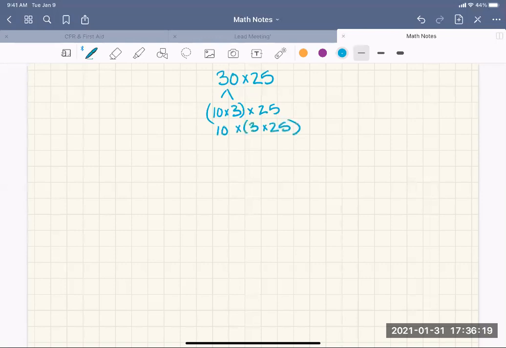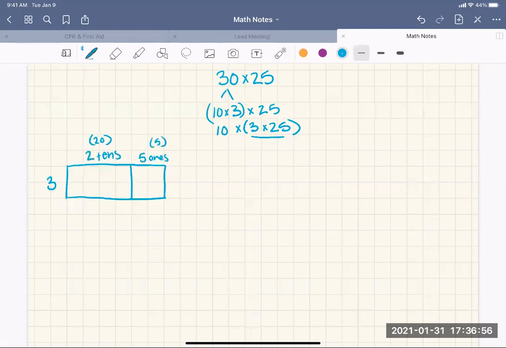So we're going to look at the area model for 3 times 25 first. So if you recall from when we've used the area model, we're going to break our number into place value units. So we're going to multiply by 3, and we know we're going to do 2 10s or 20 times 5 1s or 5.